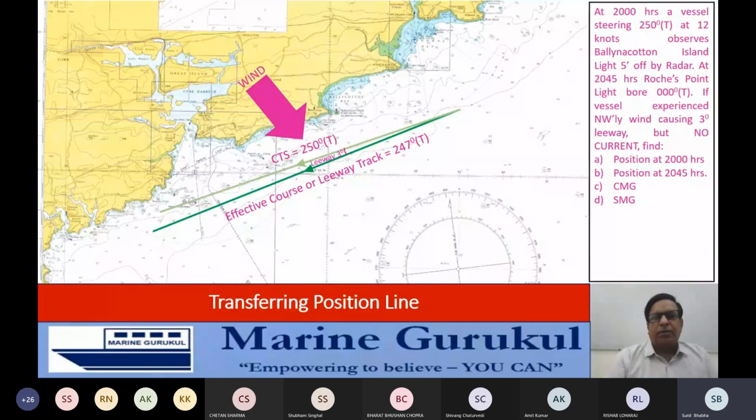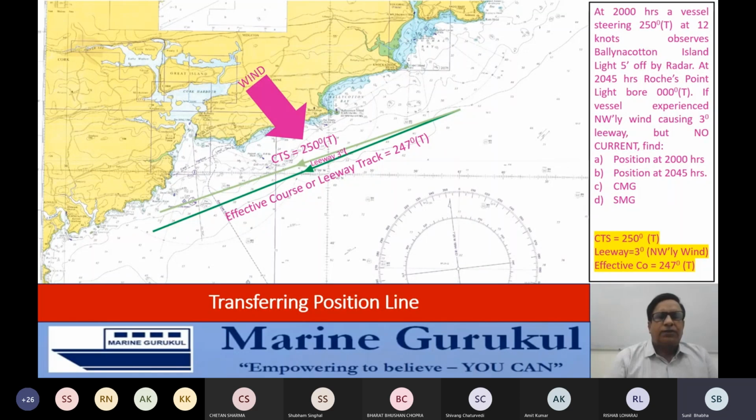The same thing you can see in the box now. We could do in the answer sheet through these three simple steps. CTS 250 degrees true, leeway 3 degrees, northwesterly wind. As I said earlier, wind direction and the CTS have to be considered together to decide whether to add or subtract. So the effective course becomes 247 degrees true.